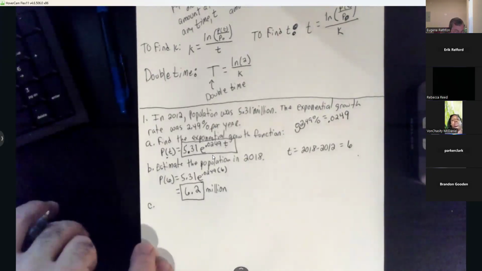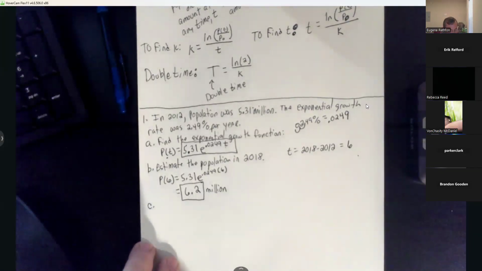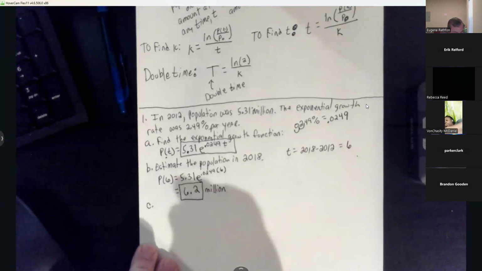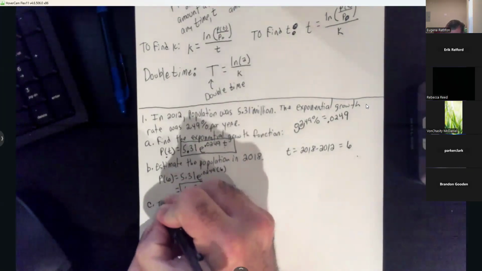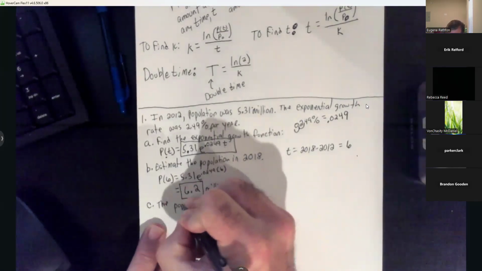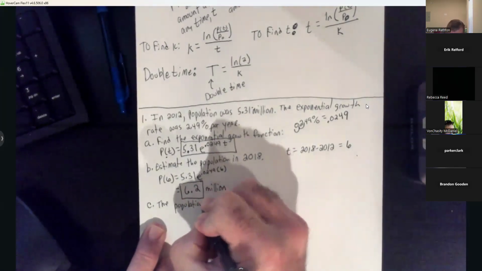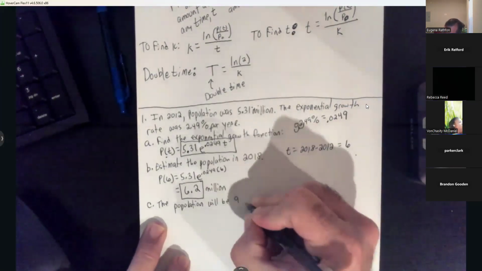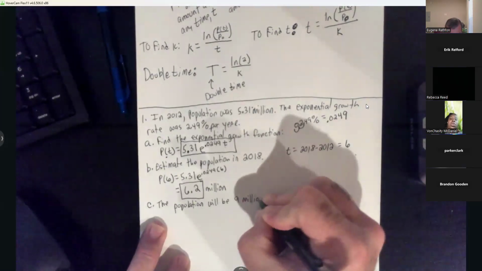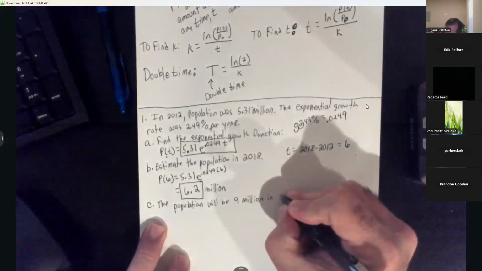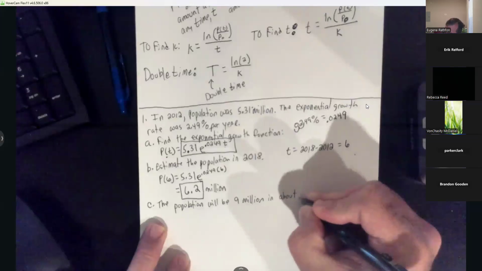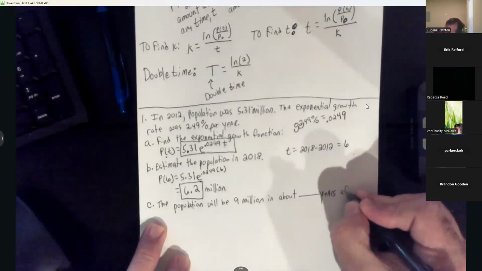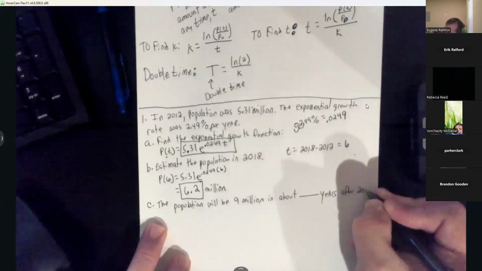All right, y'all, so let's look at this one. So this one's a little bit trickier, but it says the population will be 9 million in about blank years after 2012.